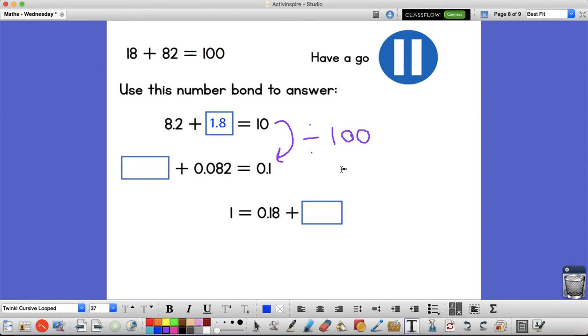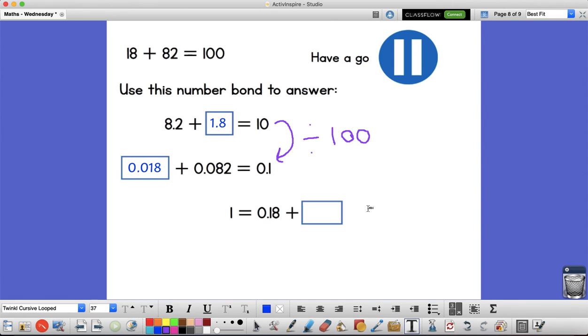So I need to move 1.8 also 2 places. The 1 would go into the tenths, but then into the hundredths column. So I know I've got to start with 0.01, then it'd be the 8 afterwards. So 0.018 add 0.082 equals 0.1.